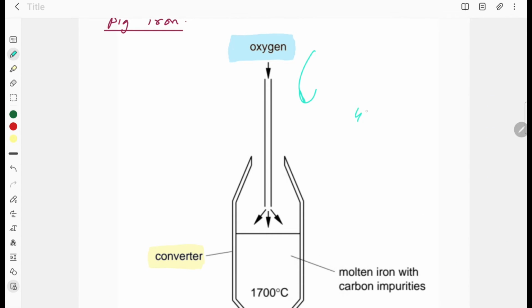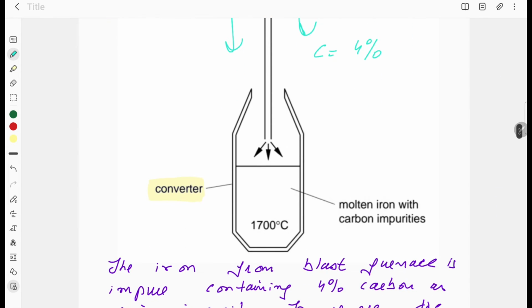As I pointed out, there is 4% carbon impurity in pig iron, and we have to remove it to get more refined iron, and oxygen is introduced from the top, which reacts with carbon present in pig iron to form carbon dioxide. So carbon from the pig iron is removed in the form of carbon dioxide.